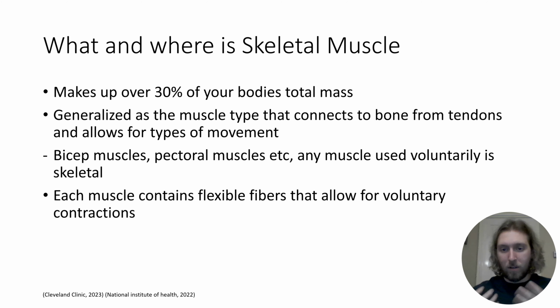There are 2 other types of muscle groups, and they are smooth muscle, and smooth muscle are the muscles that contract involuntarily. So an example of this would be your bladder, for example. Once you need to go to the toilet, you need to go to the toilet. And the other one is cardiac muscle, which is pretty similar to smooth muscle tissue.